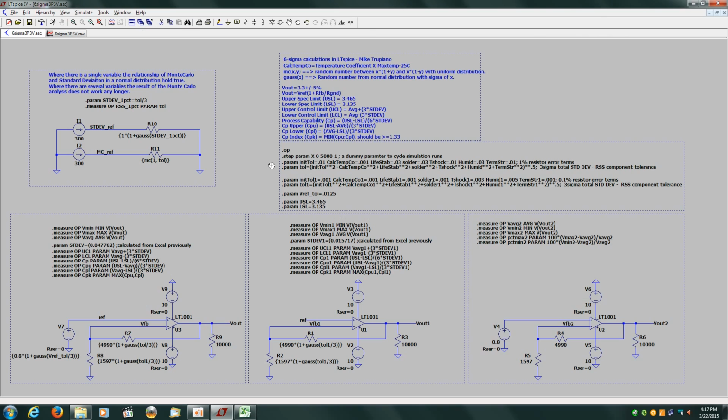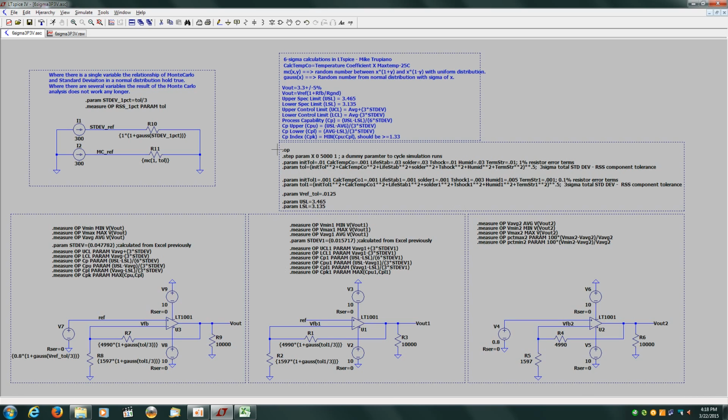Basically, you need to step your analysis however many times you're going to do it, in this case 5,000 times, just so it runs this thing with a new random set of numbers 5,000 times. That's all this statement does. If you go through the help files, it'll explain all of these other things.